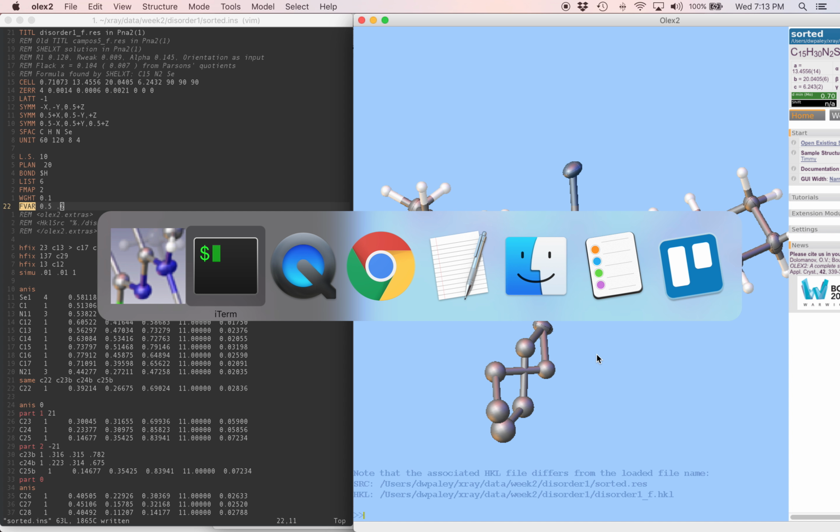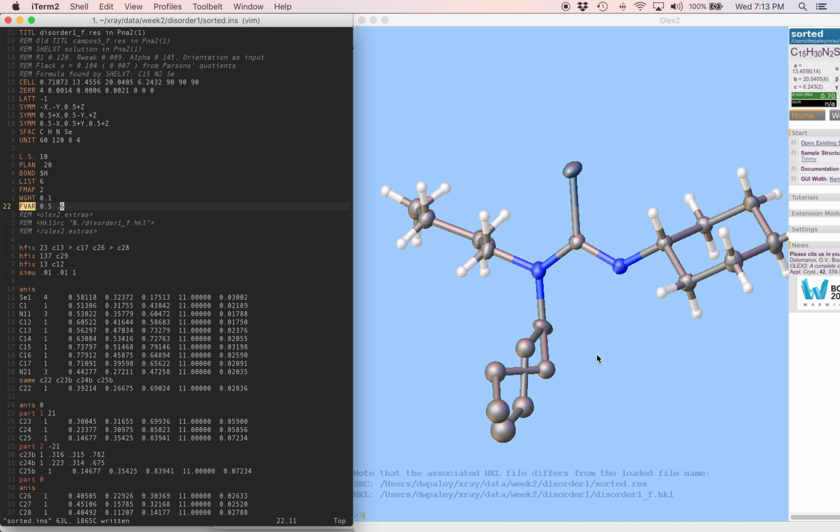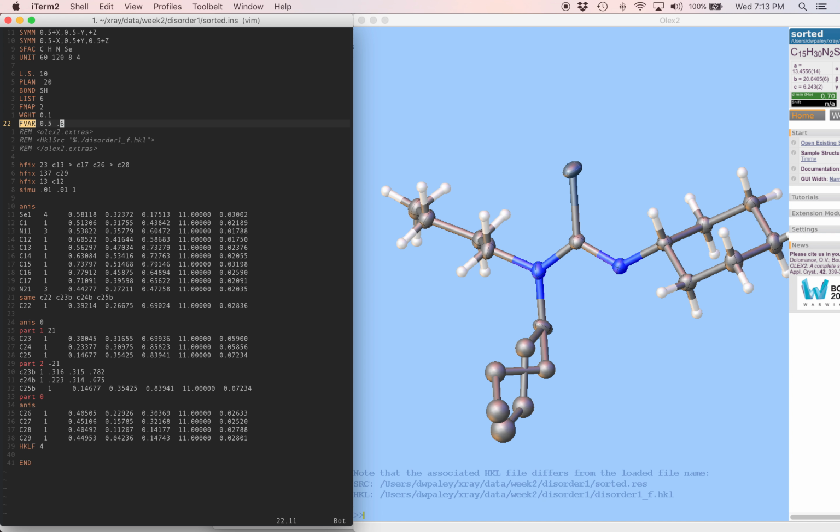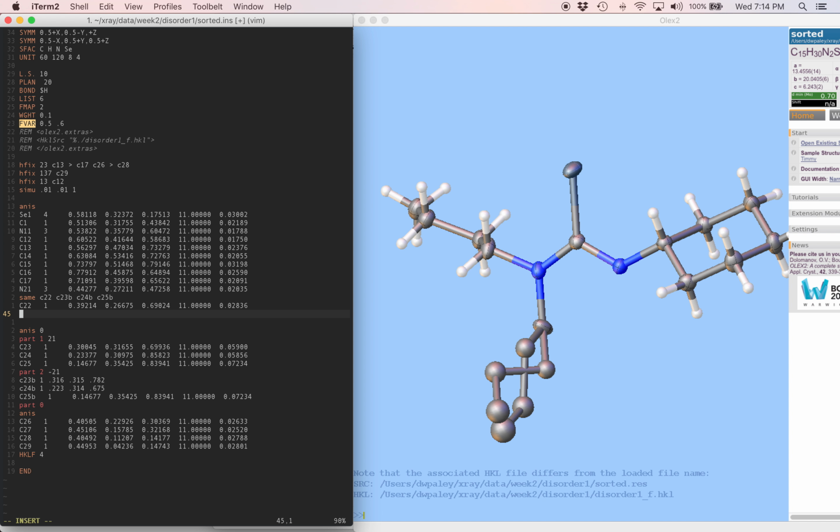So let's talk about how to deal with that situation, which is not complicated but slightly time consuming, a little annoying. I'm going to go down to C22. That's the last ordered atom we're talking about. I'm going to put two hydrogen atoms in part 1 to go with this chain on the left, and two more hydrogen atoms in part 2 to go with the second chain on the right. Each one of those pairs of hydrogens is going to be surrounded by an AFIX instruction.